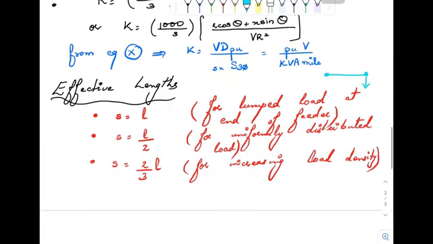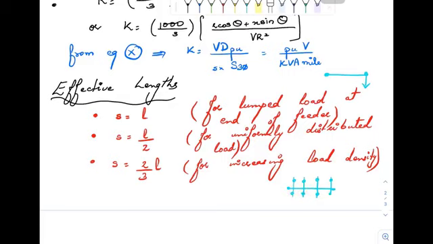And if the load is uniformly distributed across the length of the feeder, like this, where these are different laterals with distribution transformers, then the load can be lumped at the center point, and therefore the effective length in that case will be L by 2, or the distance of the lumped load from the feed point will be L by 2.